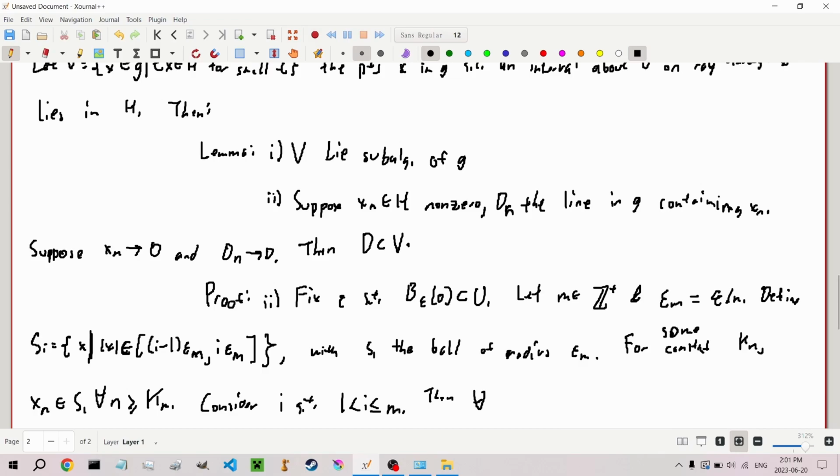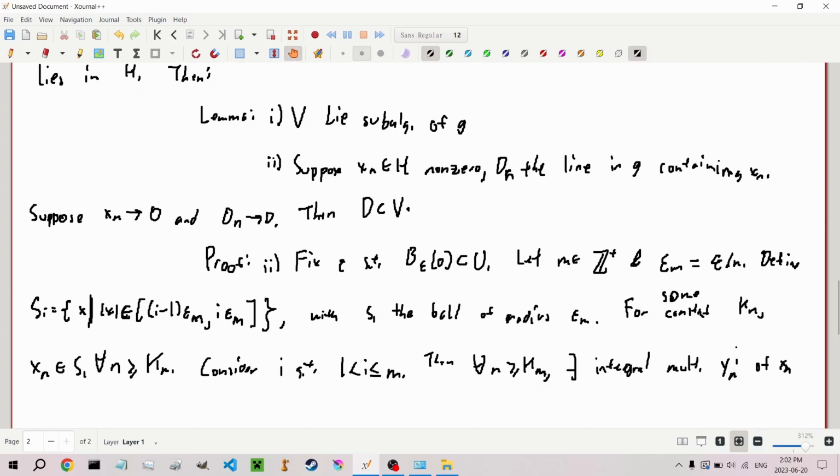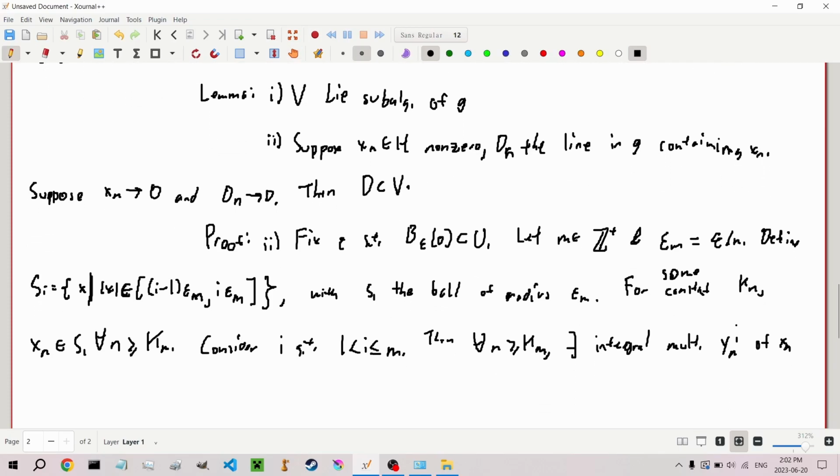Then for every n being at least k_m, there exists an integral multiple. Actually, we need to name it first, called y_n^i of x_n, which is going to be in S_i.